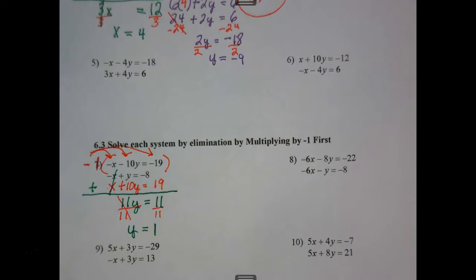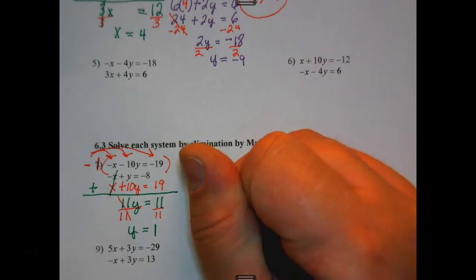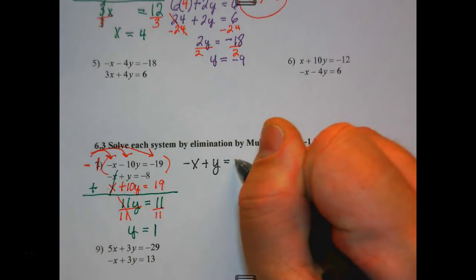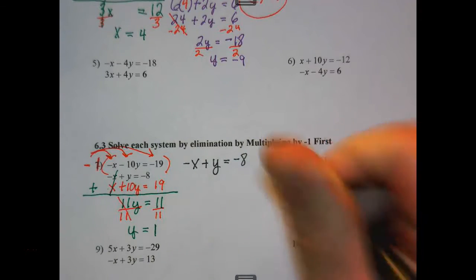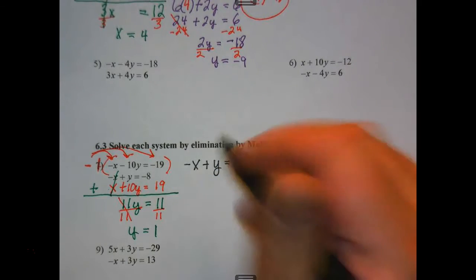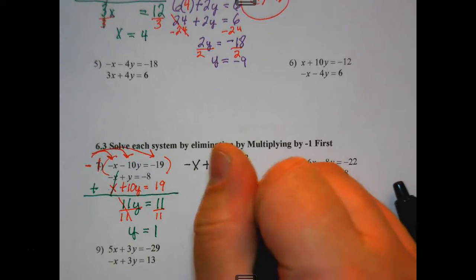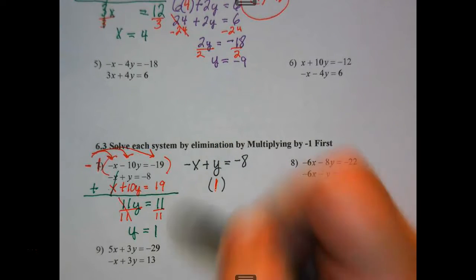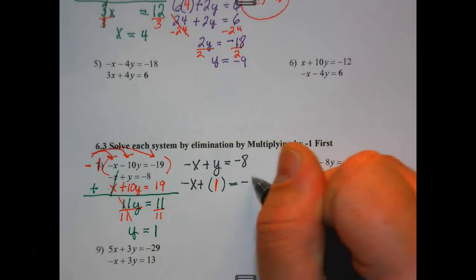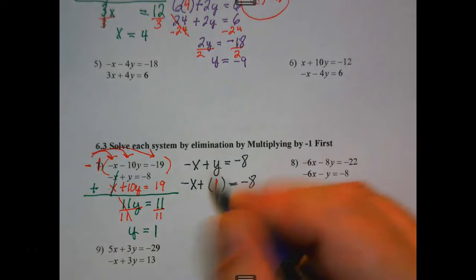Pick an equation. I'm going to pick the bottom one: negative x plus y equals negative 8. Be careful. I solved for y, so I'm going to put in 1 for my y. Negative x plus 1 equals negative 8. I'm going to subtract 1 from both sides.